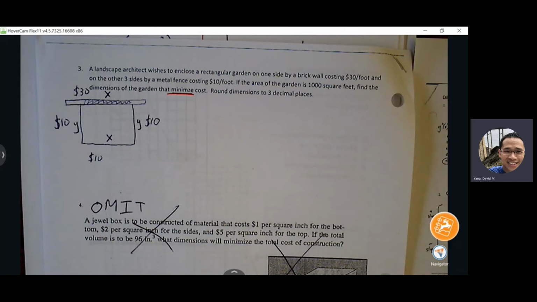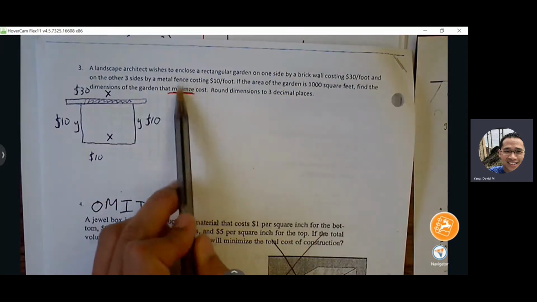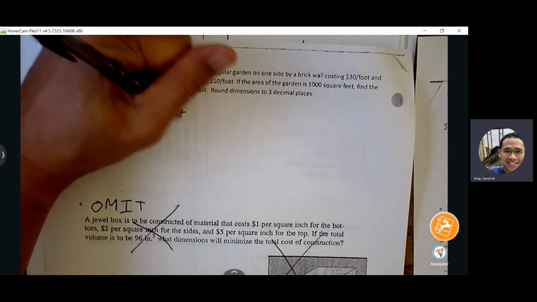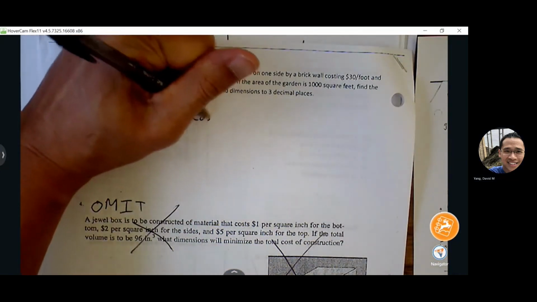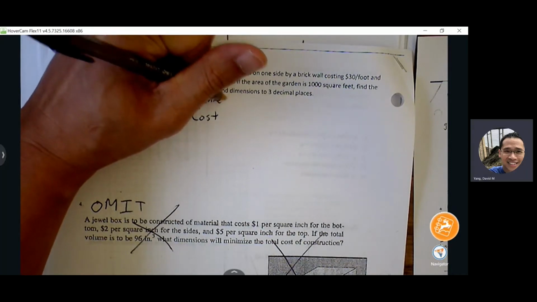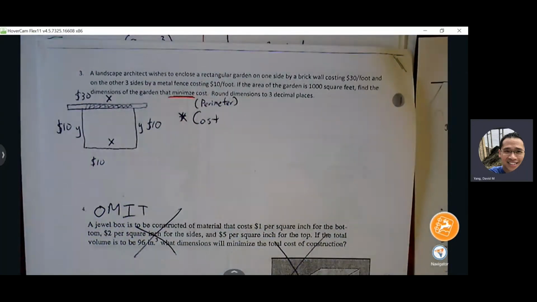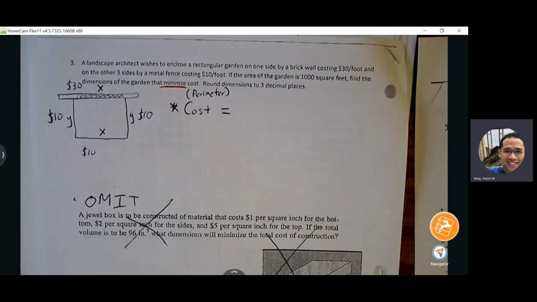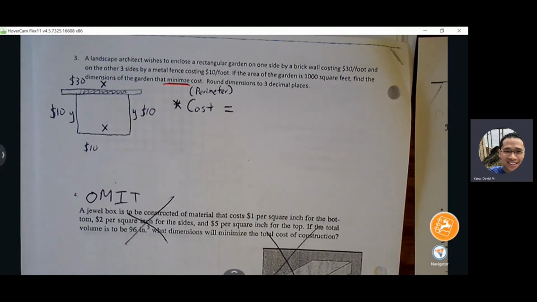Otherwise, we don't know what to do with the area and the cost and the perimeter equation. But this is an important first step. We want to at least have an idea what our goal is. I'll put a star next to cost. Cost is very much related to the perimeter. We're basically going to add up all the sides, but as we add up the sides, we're going to include the cost of each of the sides. Let's build our cost equation first, and then we can decide what we need help with.